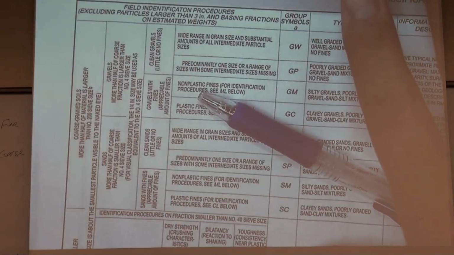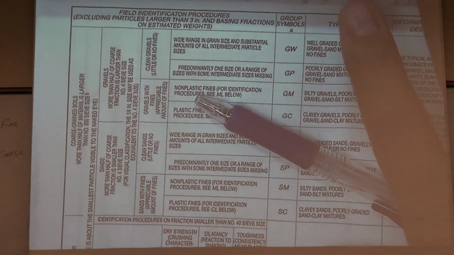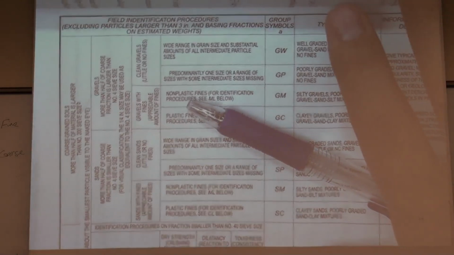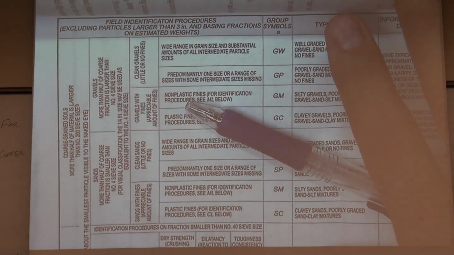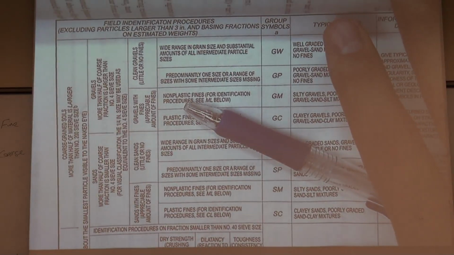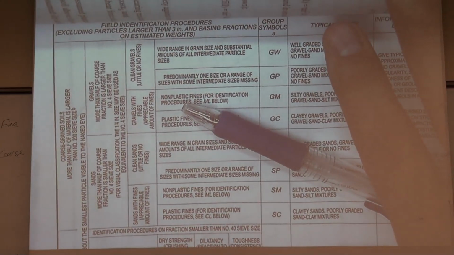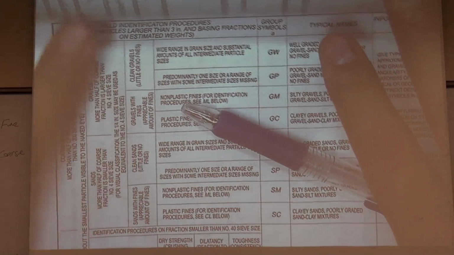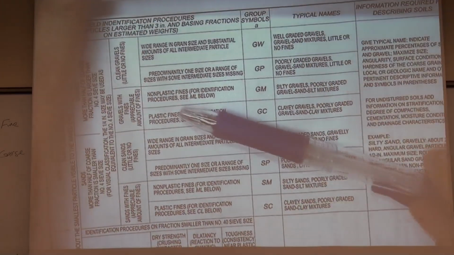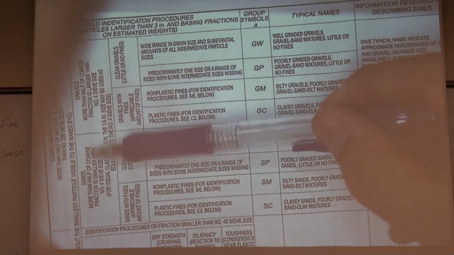It means that more than half of just the coarse grain fraction, which was 85% here. So you have to look at just the coarse fraction, and then you can say if it's gravel or sand. Now you can say it's gravel. So we are done with the second column.